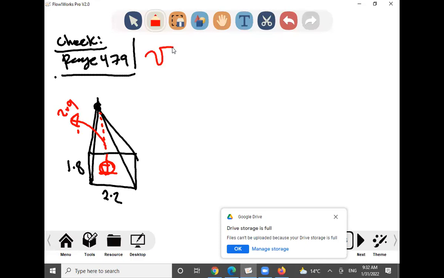In general, it's a pyramid, right? V equals 1 over 3, big B, H. The big B is the base area. We have a rectangle, length by width, and the height of the pyramid.